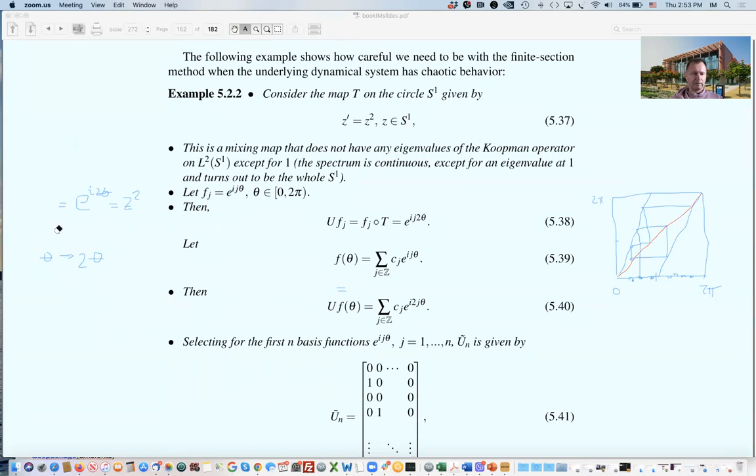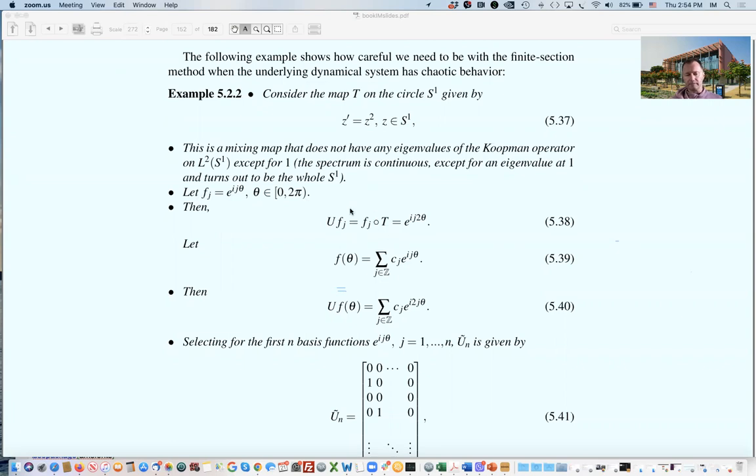So let me erase this for a second and then go back to our line of thinking. What we are really interested in is the situation in which we choose the basis functions again, just like before in the previous example in which finite section worked perfectly, to be e to the ij theta, for theta between 0 and 2 pi.